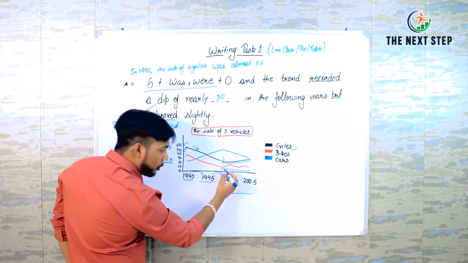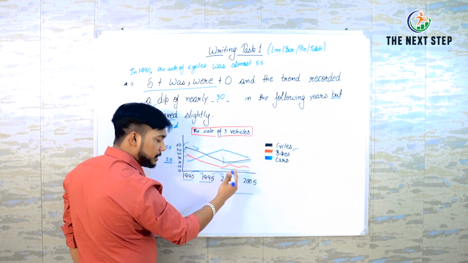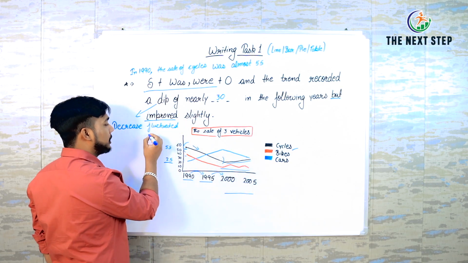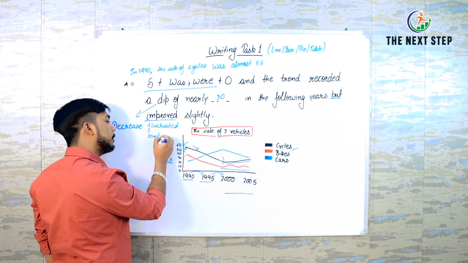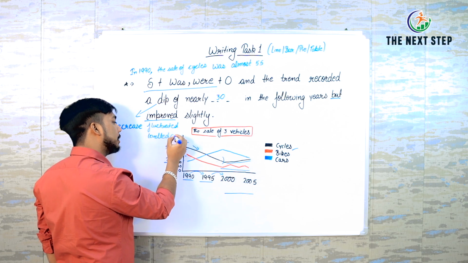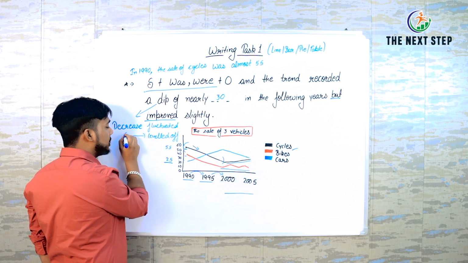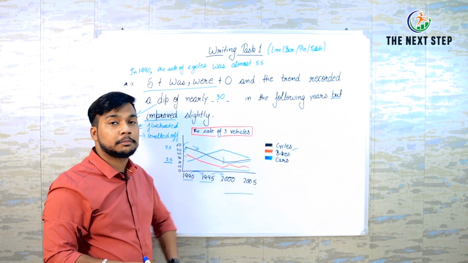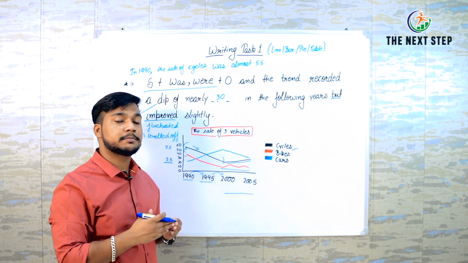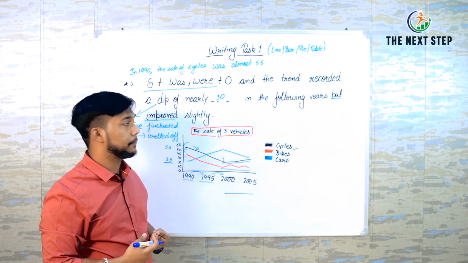So if there is no change after the decrease, you can write here leveled off. Leveled off means when you do not see any change in the number or any data which is mentioned in your writing task 1.